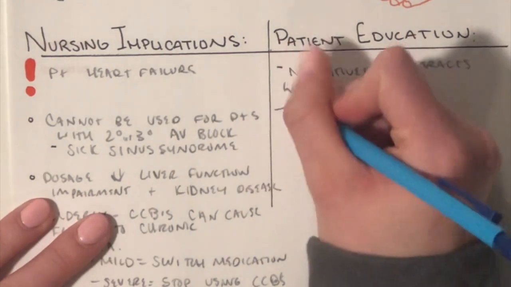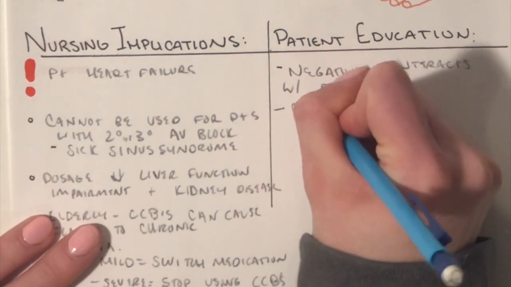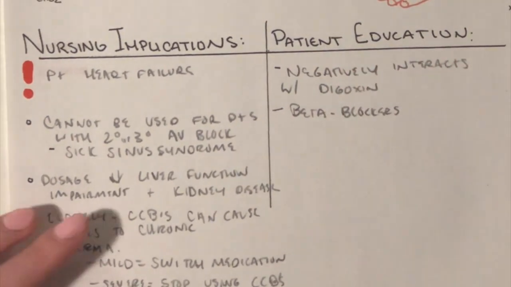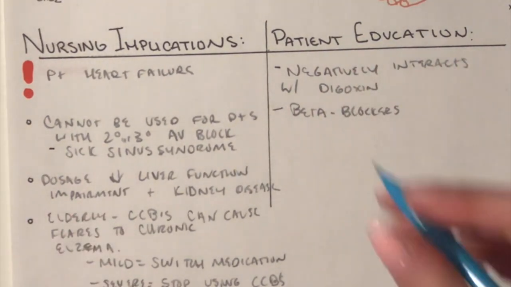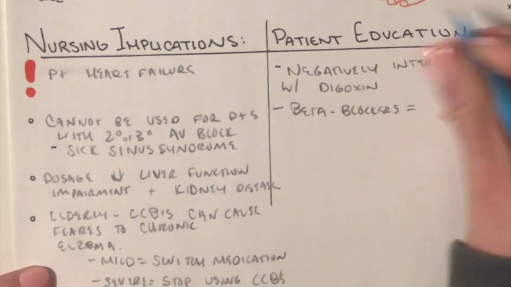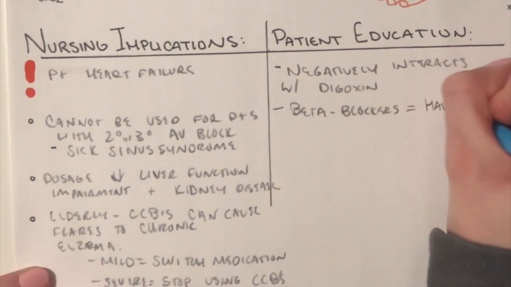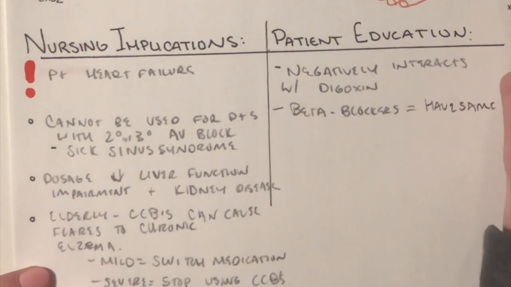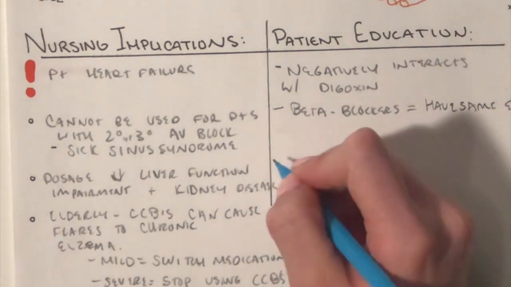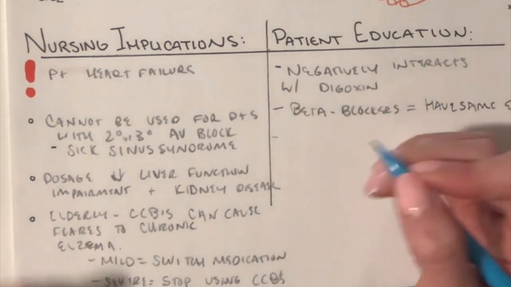And also, many of these patients are also on beta blockers for like hypertension or something like that. So it's important to note that beta blockers have a similar effect in that they decrease the heart rate, so it may cause a severe bradycardia because they are both in essence doing the same thing, so a suppressed heart rate is a possible effect from that.